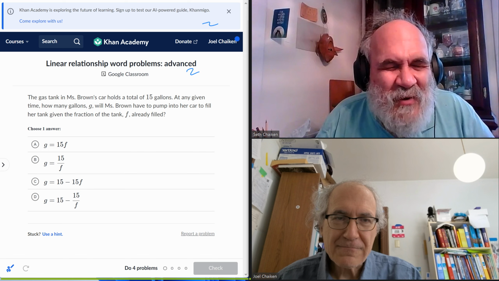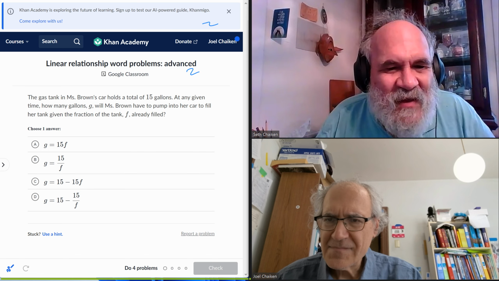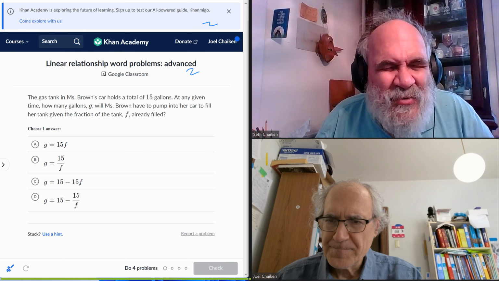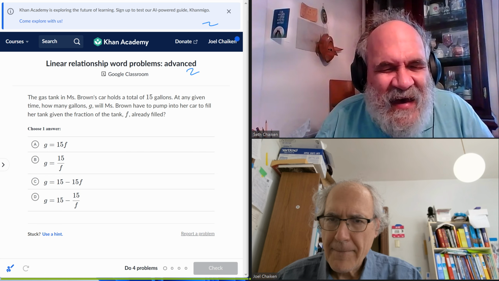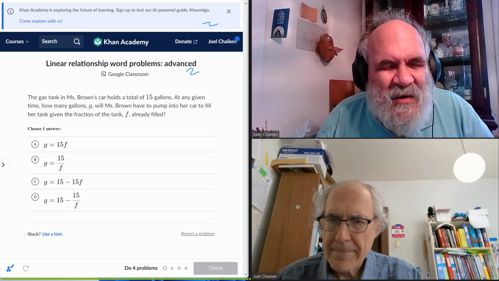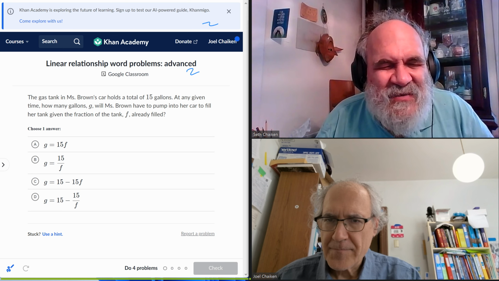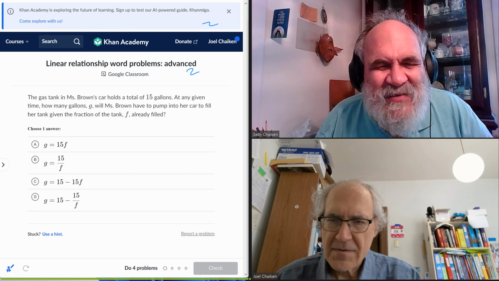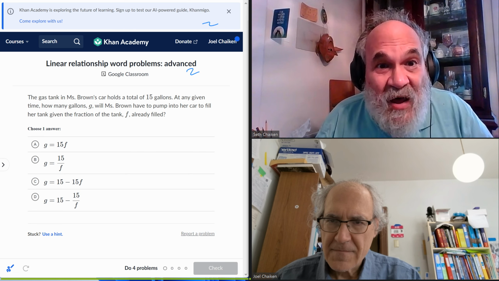So she wants to fill the tank, given the fraction already filled. So she has to add the fraction of the tank capacity that's the complement of F, which is 1 minus F.